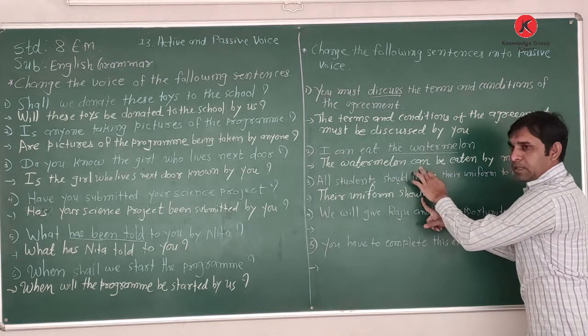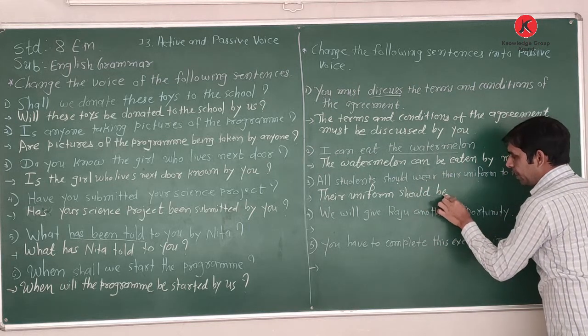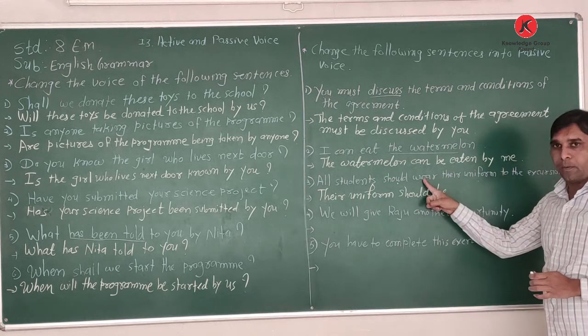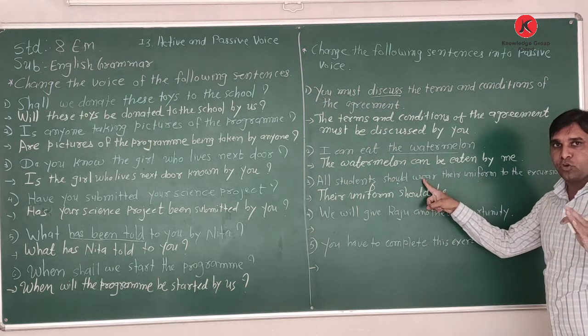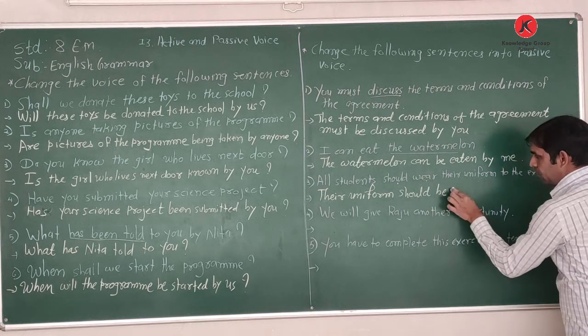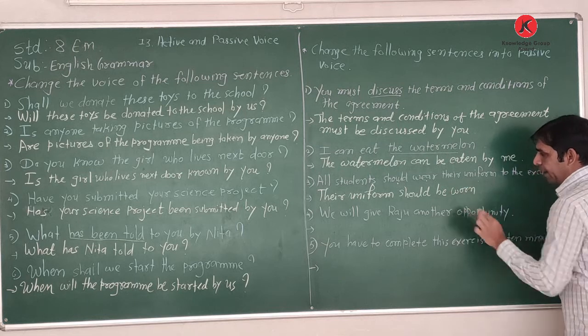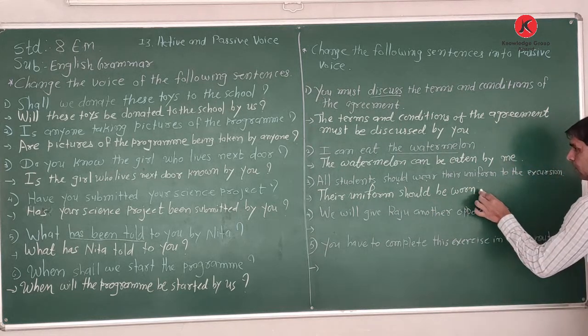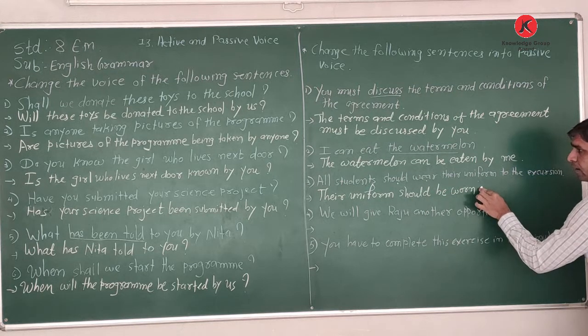Their uniform, we find the object, then should. Then what? After the modal we use be. Then wear. Wear is the main verb. Wore, W-O-R-E, is the past form, and worn, W-O-R-N, is the past participle. Their uniform should be worn. Then what?